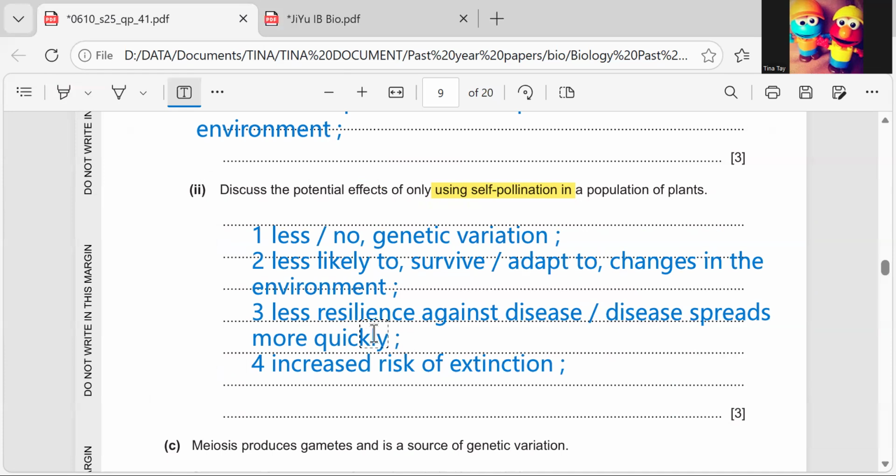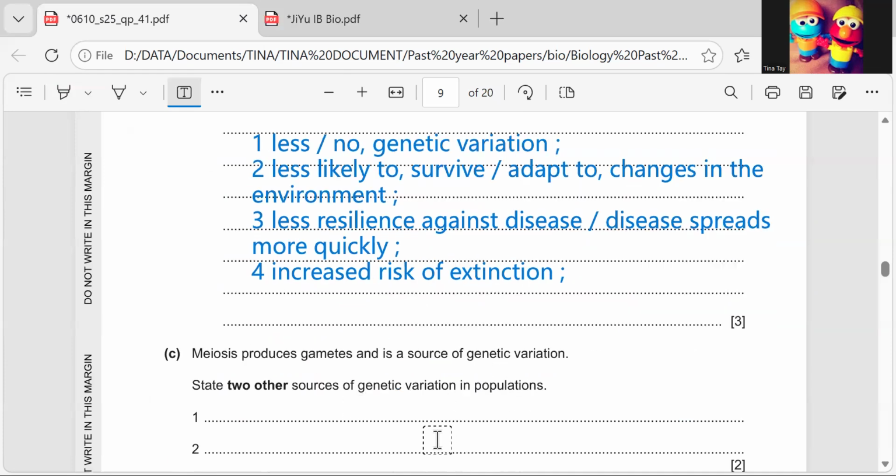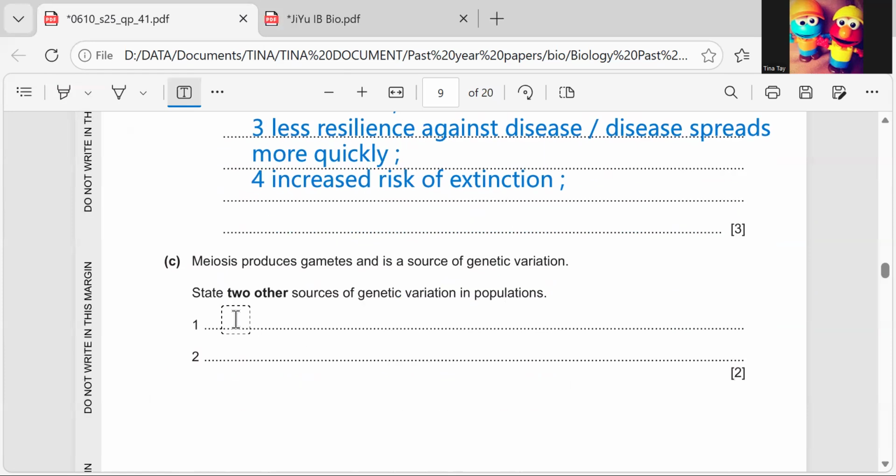Meiosis produces gametes and is a source of genetic variation. Mutation, and random fertilization. Any one of the sperm can fertilize any one of the eggs.